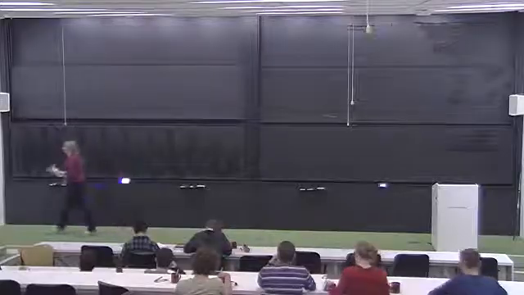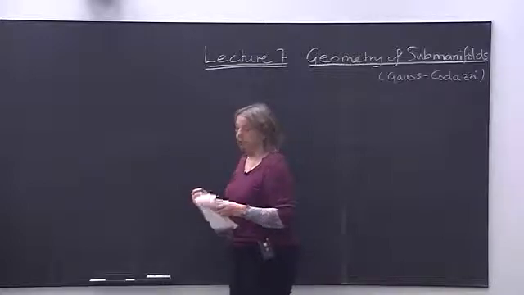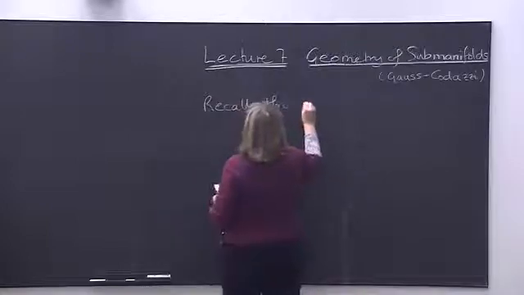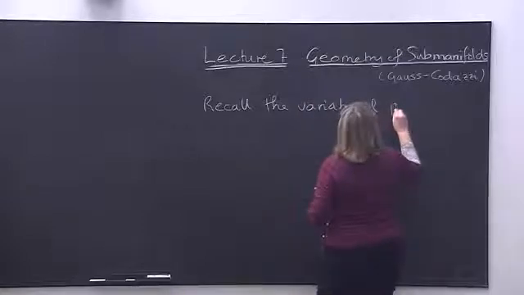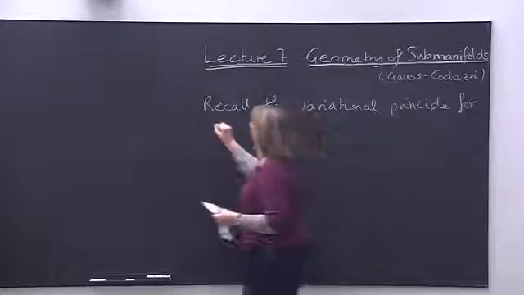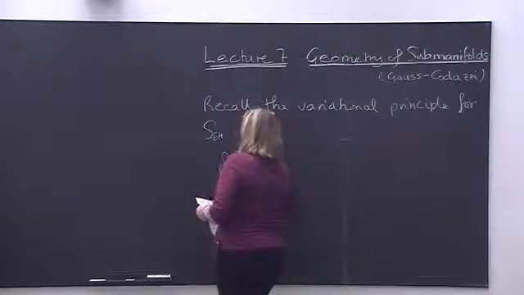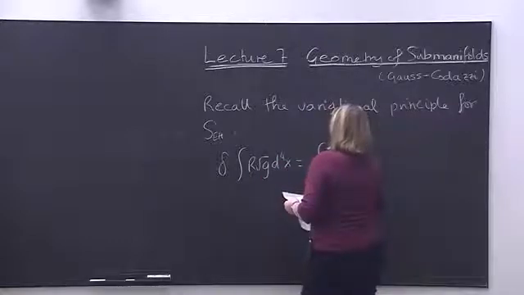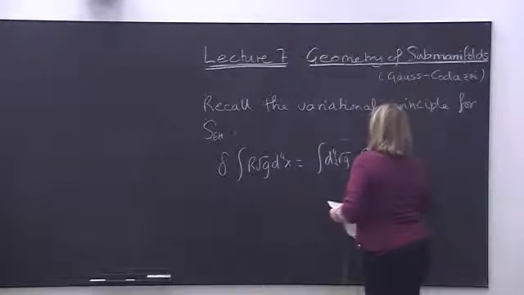The other motivation is this kind of flag that I put up when I described the Einstein-Hilbert action. And we saw that if we varied R root G, then sure enough, in d^4x root G, we got the Einstein tensor.